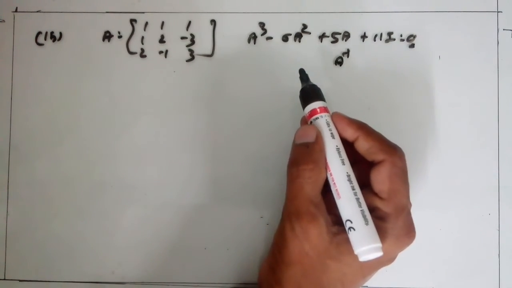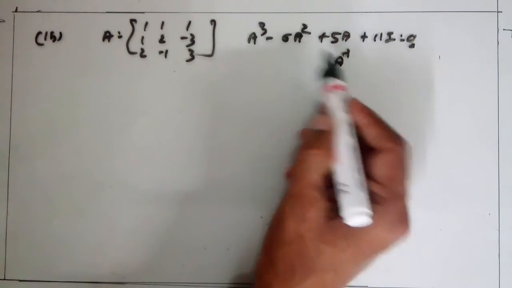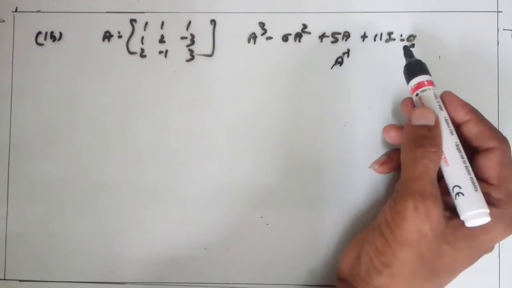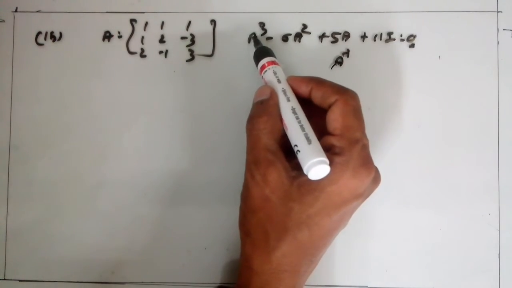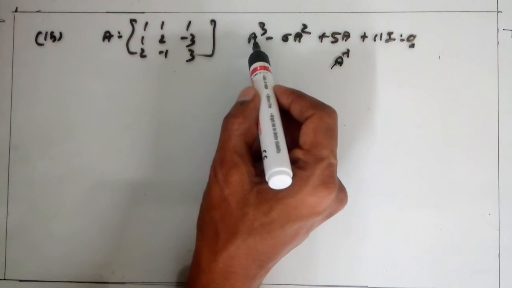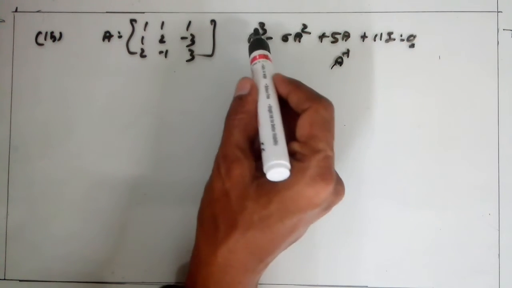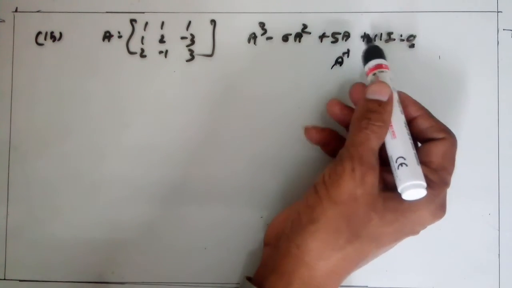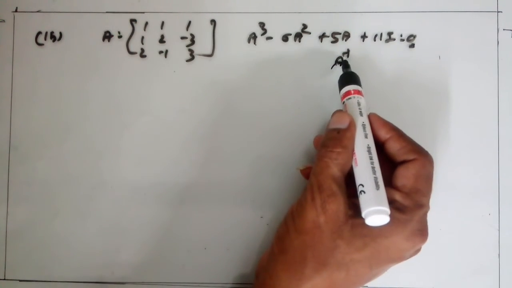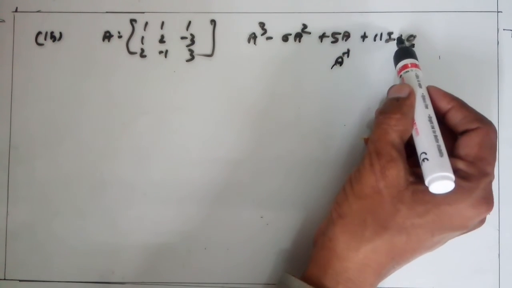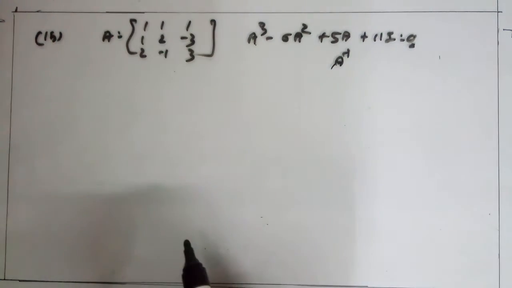We know how to find A inverse from the given result, and how to show or verify these terms. First we get A square as A into A, then find A raised to 3 by multiplying A square with A. Replacing A cube, A square, A and I, we get 0. Now to get A inverse, multiply by A inverse, formulate A inverse from these terms and get A inverse.